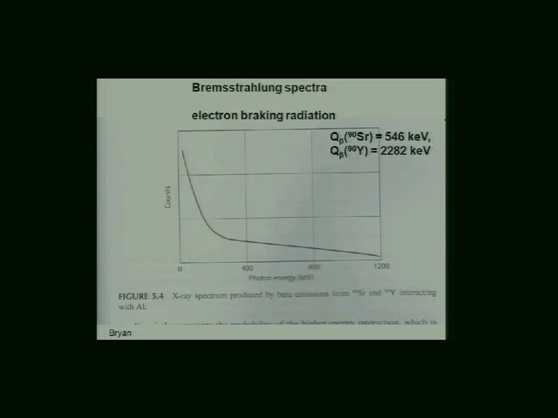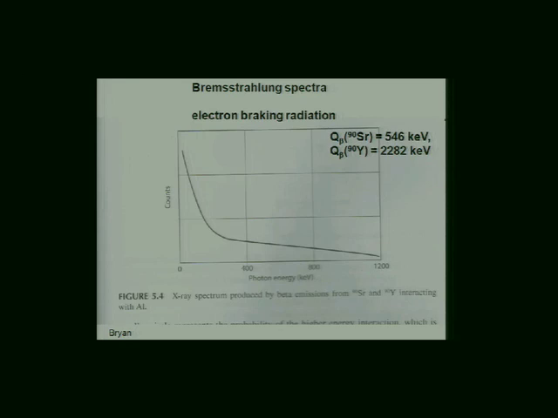So imagine you are a 546 keV beta running through aluminum, and you undergo a scattering. What's the maximum energy X-ray or photon you can possibly produce? You have 546 keV of kinetic energy available to you.